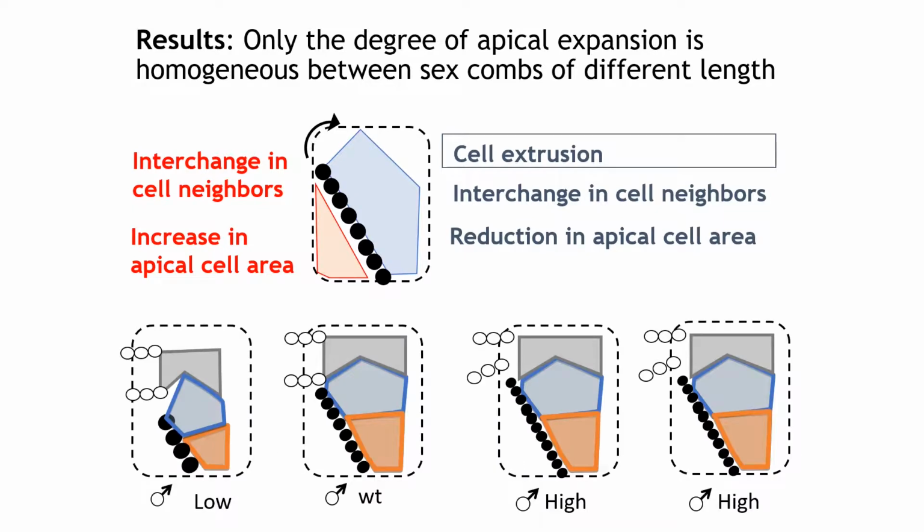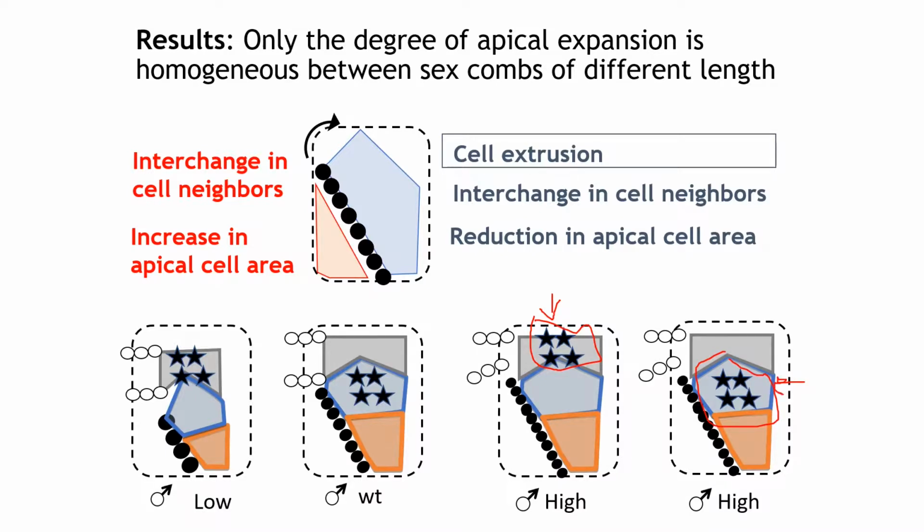When we compare the combs that are small, the combs that are normal in size, and the combs that are long, we found that the cell extrusion takes place above the proximal region, about this region, while in the wild type, most of the extrusion in the movies that we analyzed is located in this region, while in the combs that are very long, some of them show the extrusion above the comb, while other ones are located very close to the comb.